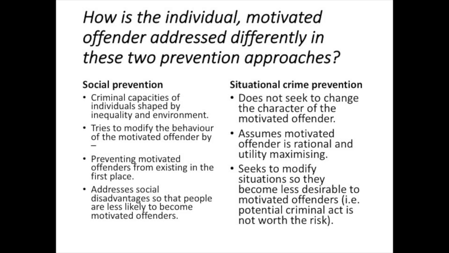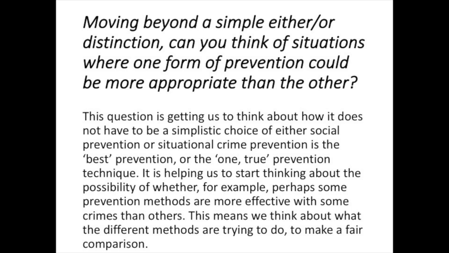So situational prevention tries to modify situations, right? So that these situations or circumstances are less desirable to motivated offenders. They're trying to change a situation so that the effort and the risk of committing the crime just is not worth whatever they're going to get out of it.